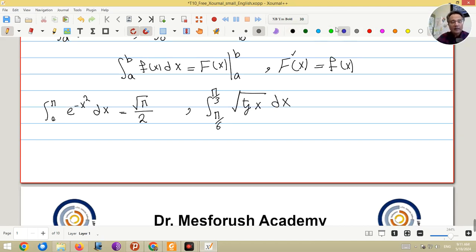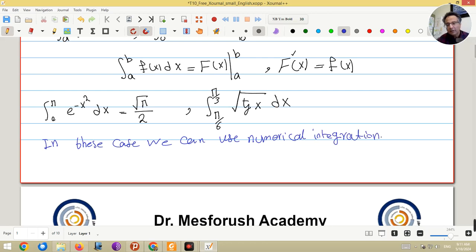So, if I want to write, in these cases, we can use numerical integration. We have several different techniques for the numerical integration.